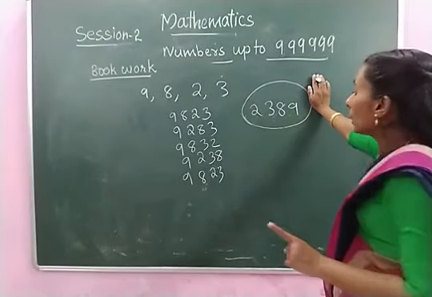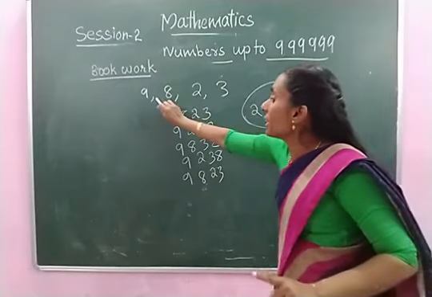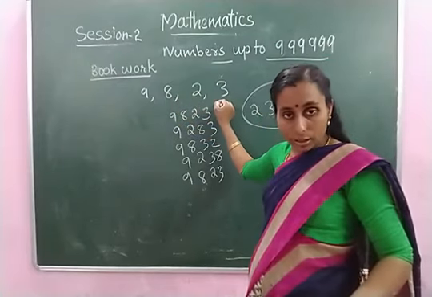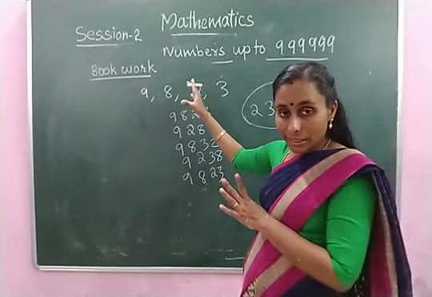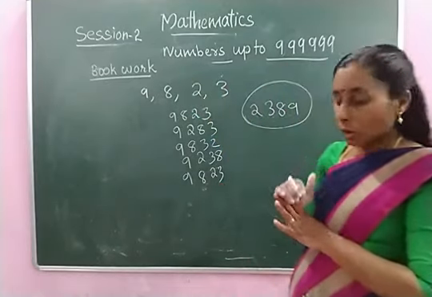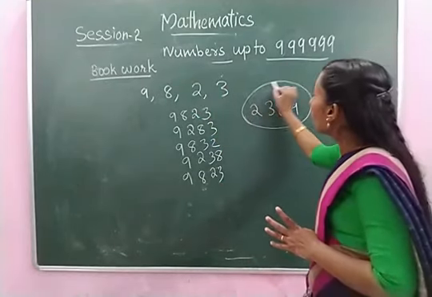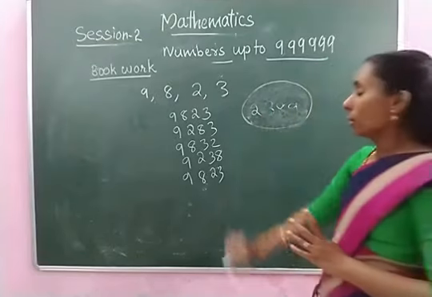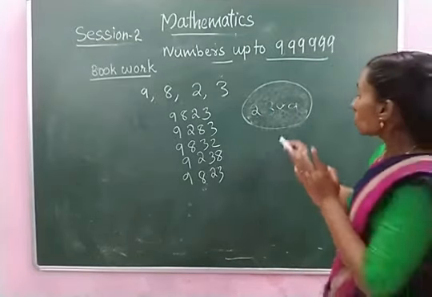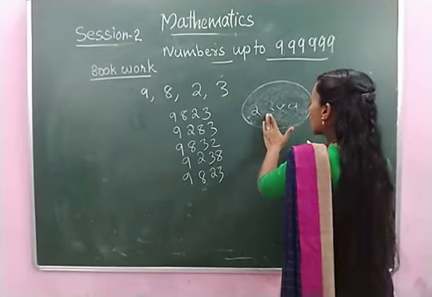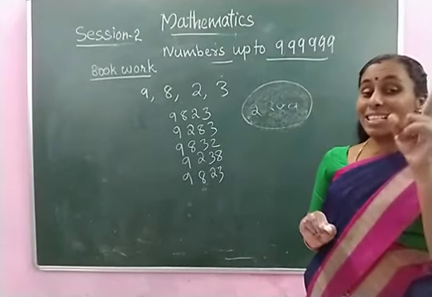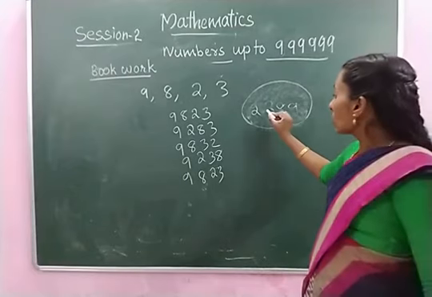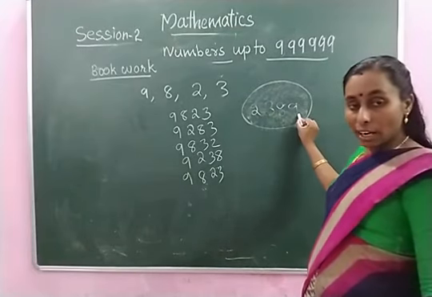Then don't forget, don't place a comma here, since here it is digits, not separate numbers. So no need to place a comma in between. If you place a comma in between, it is totally wrong. That shows separate numbers. Here 2389 I have written.